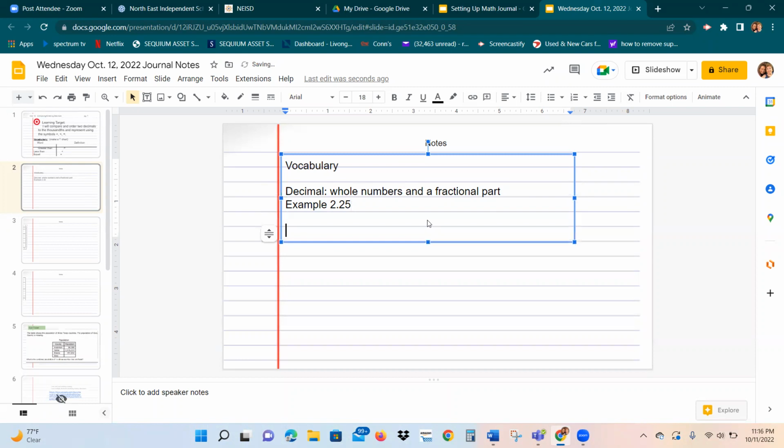All right, now we're going to be talking about tenths, and refreshing your memory because a lot of you are still getting confused with the place value portion of it. Remember that the tenths is the first digit to the right of the decimal.